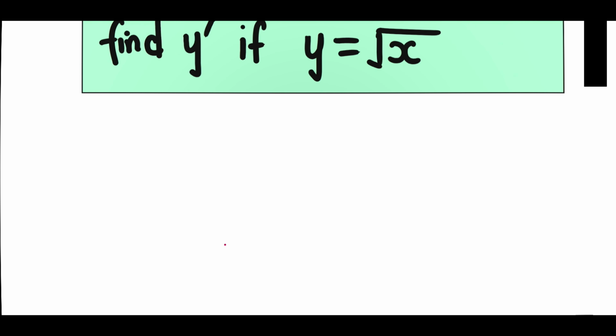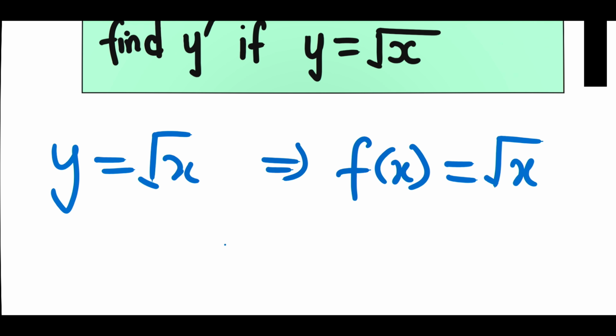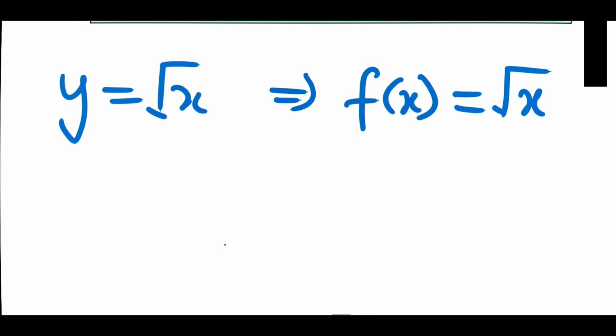So first state my function: y is equal to square root of x, which implies that our f of x will be equal to the square root of x. Right. So we need to find our f of x plus h.